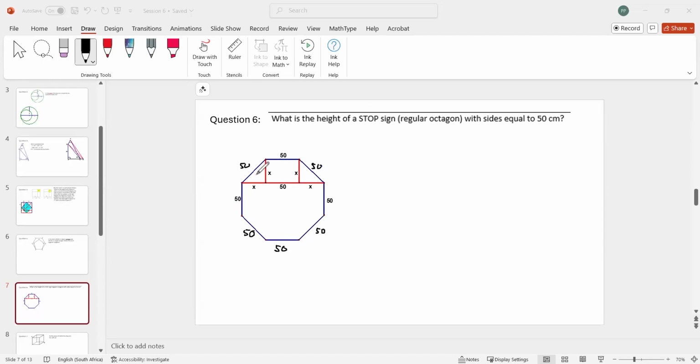In other words, if I draw the full length, the height will be this one here. So you are talking about this entire length here, to be the height.